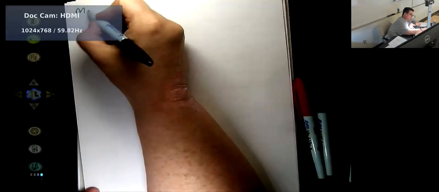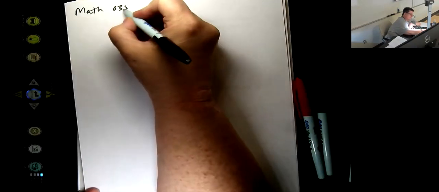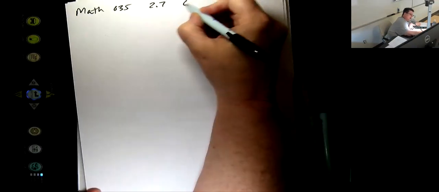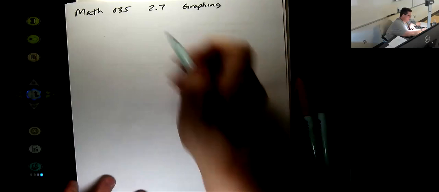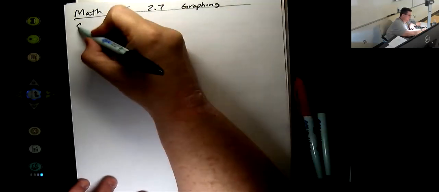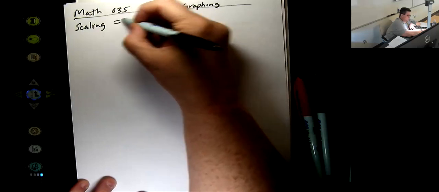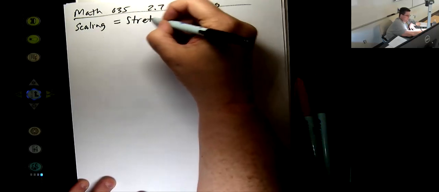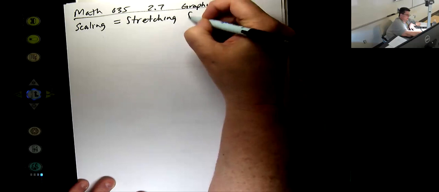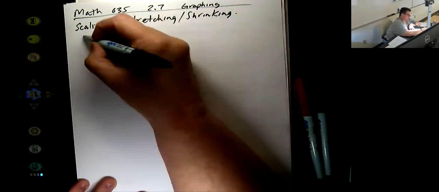today we are doing 2.7 and 2.8. 2.7 is on graphing, and here we are doing scaling, which is the general word for it, but you might think of it as stretching and shrinking. We'll also do something called translations.